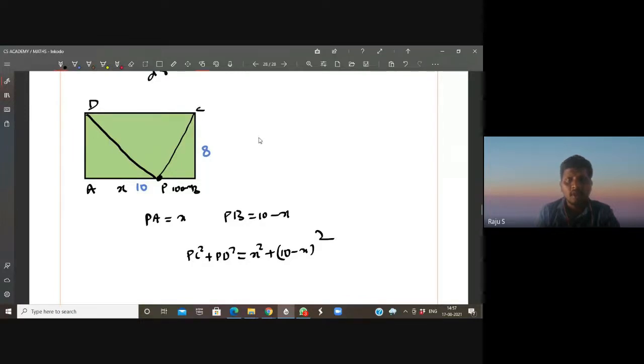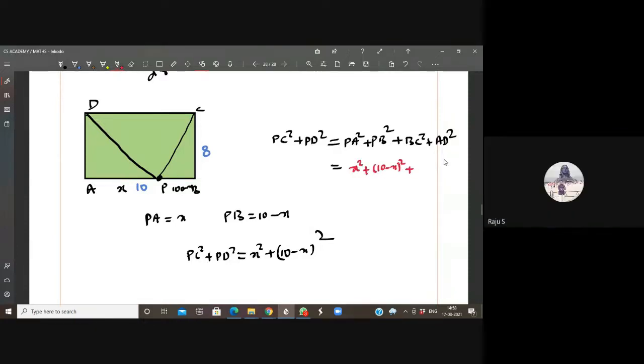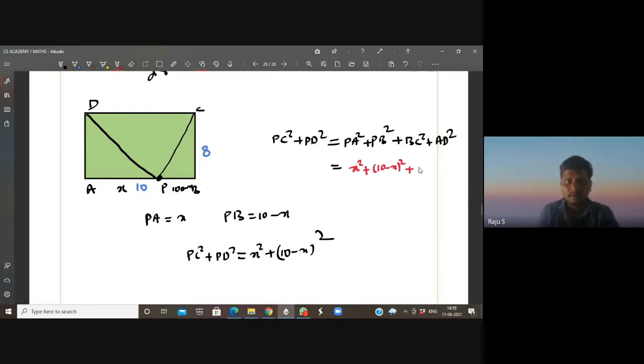So PC square plus PD square is given by PA square plus PB square plus BC square plus AD square. Students, is it clear? PA is x, so x square plus 10 minus x the whole square, plus 8 square is 64, plus AD square is 64.